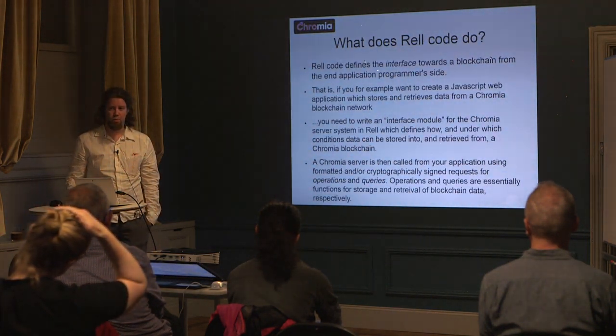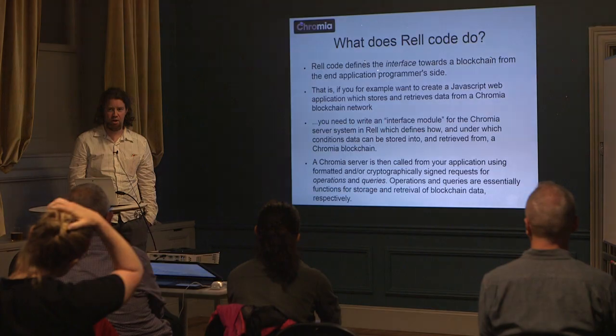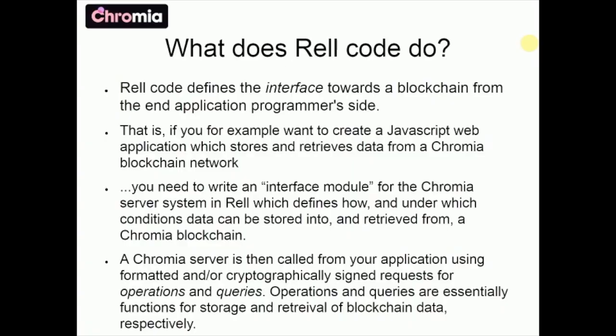And an important question is what RELL code actually does. You could put it in the way that it defines the interface towards the blockchain from the end application programmer side. That is, it defines the methods with which you communicate with the blockchain.